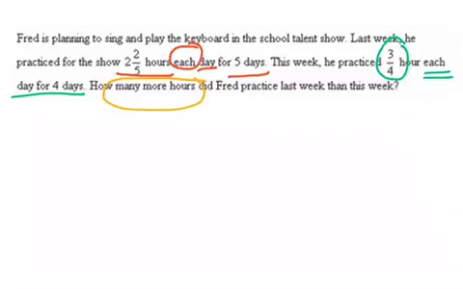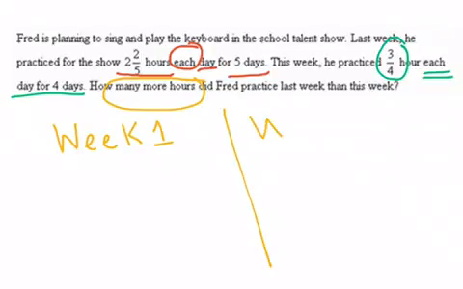Now I need to translate it into something here. So I'm actually comparing, so I'm going to make a chart. I'm comparing week 1. This is how I'm translating my problem. And I have week 2. So I'm going to translate my problem, which is basically I'm going to put it more in a form that maybe I understand, arrange it, draw some things, or explain it in my own words.